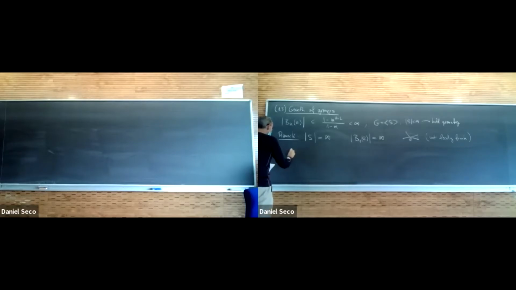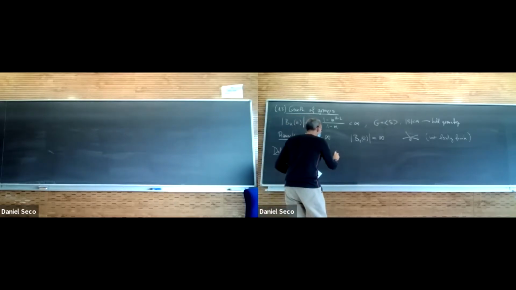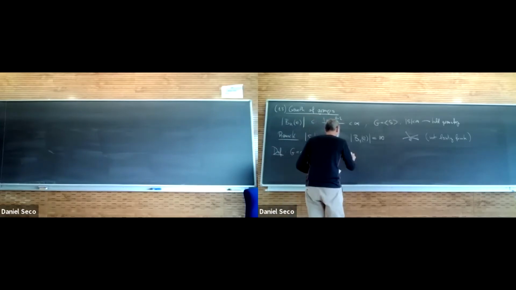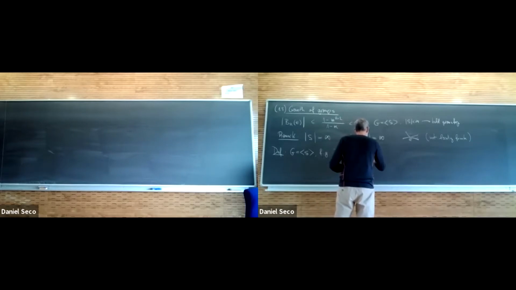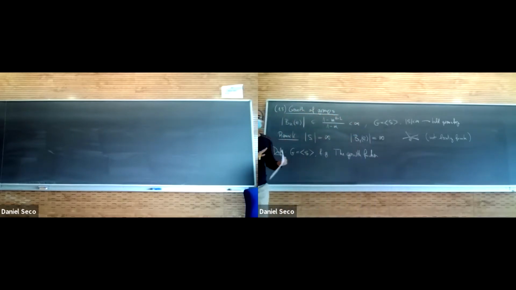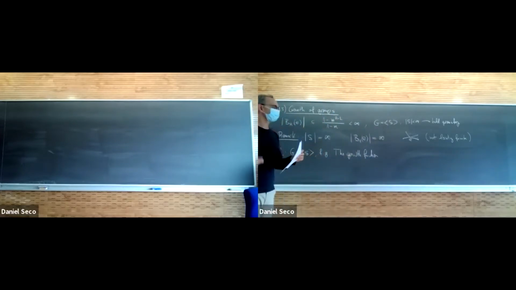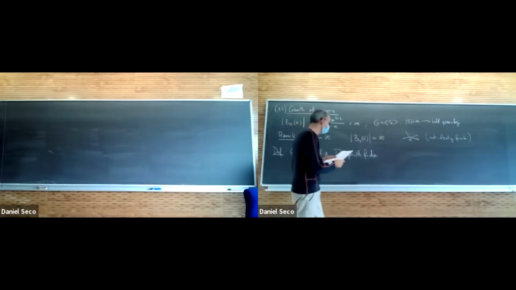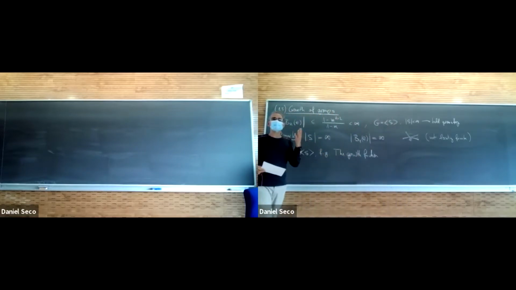Let G be finitely generated, and the growth function for this group is just counting how many elements sit inside the ball of radius r at e.